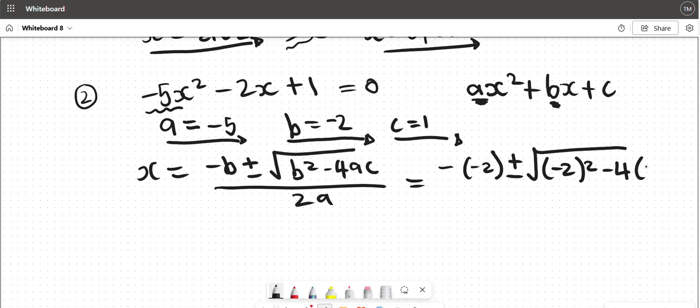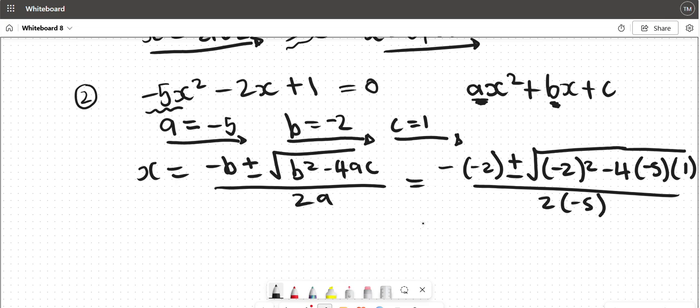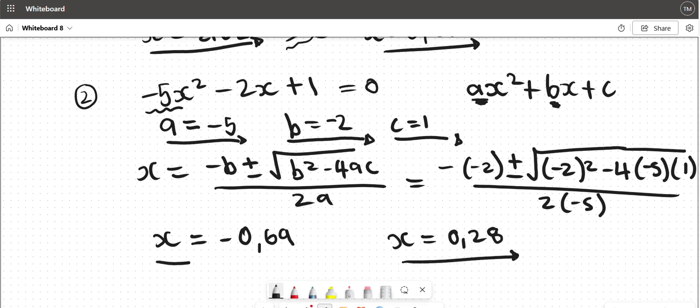With the negative 5 there, with the positive 1 there, all of this is divided by 2 times negative 5. Then I plug it into my calculator and I get my 2 values. In this case, you're going to get negative 0.69 as one of the values, and the other one is 0.28. You're welcome to try that yourself in your calculator and see if you get those 2 values.